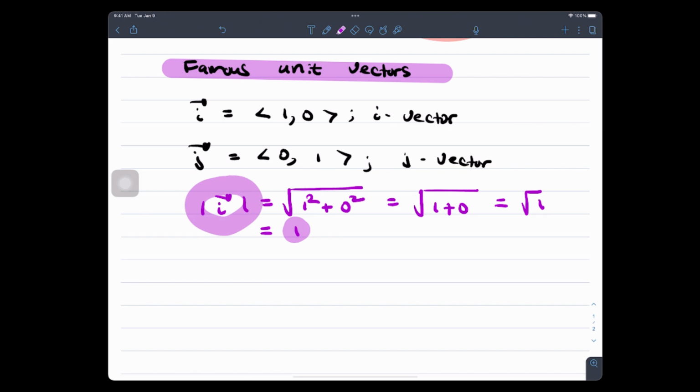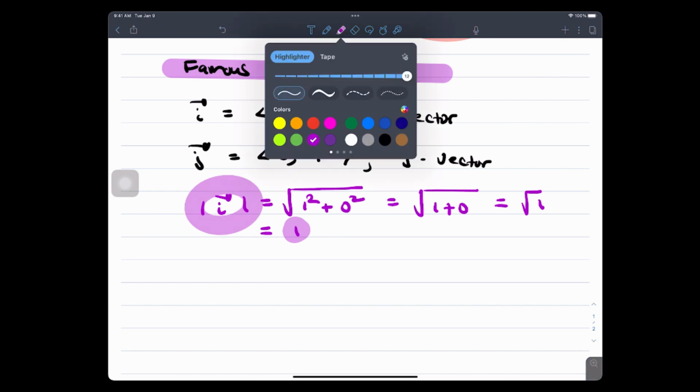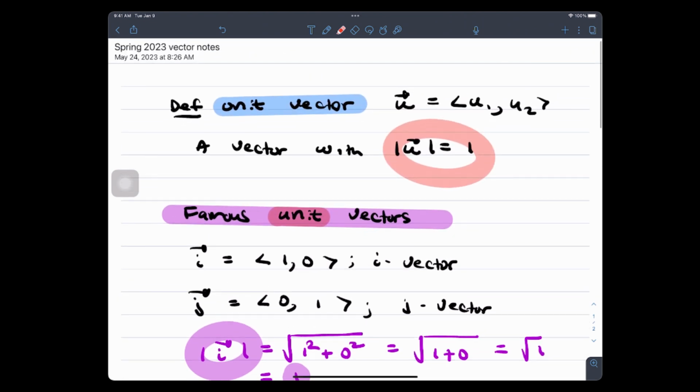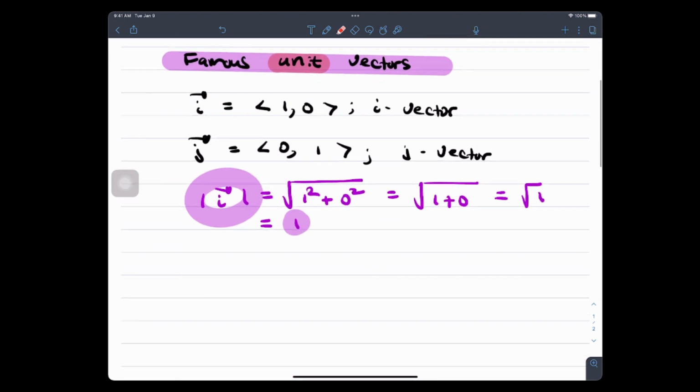So what do you know about this vector? It's a what? Unit vector. Because the word unit means 1. So any vector with length 1 is called a unit vector. So i is a unit vector.